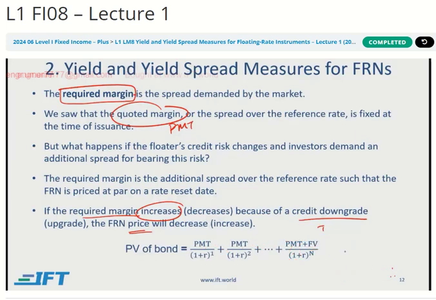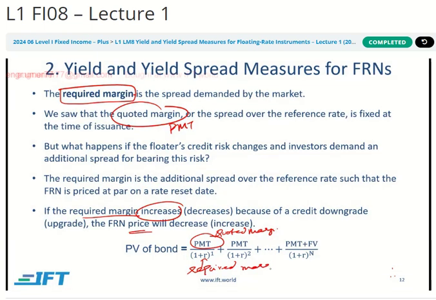And let's have a better formula over here. So the payment is staying the same because of the quoted margin. It does not change. Whereas this R is dependent on the required margin, and that can go up if there is a downgrade in the credit rating, and then the present value will go down.